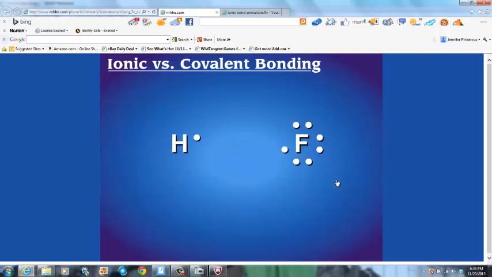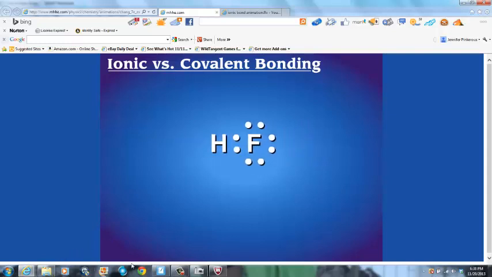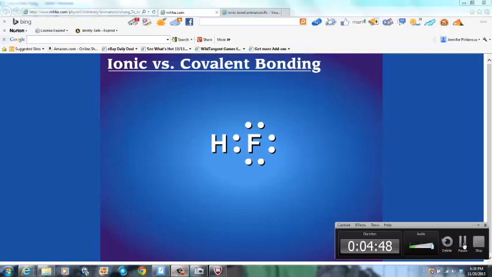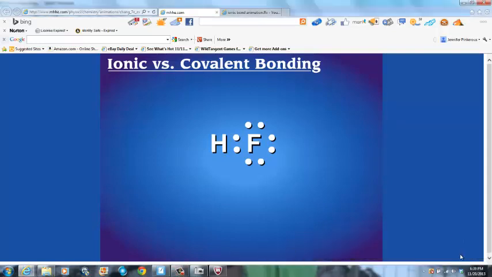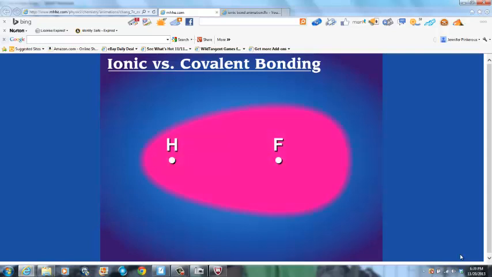Hydrogen has 1 valence electron and fluorine has 7 valence electrons. If the 1 valence electron of hydrogen is shared with the 7 valence electrons in fluorine, fluorine achieves an octet of electrons. Note that hydrogen has only 2 electrons, which is the electron configuration of helium. When bonded to another element, hydrogen will have 2 electrons in its valence shell. In this bond, fluorine has a greater attraction for the electrons in the bond, a greater electronegativity.